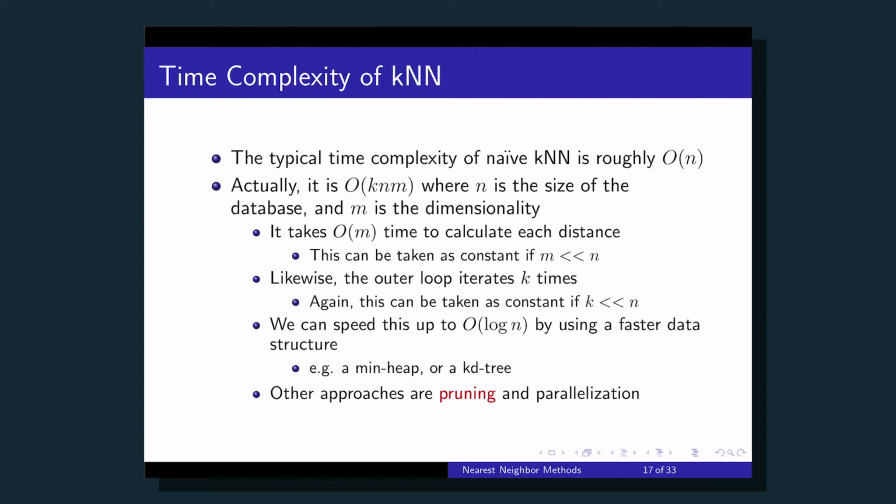Even then, O of n might be too slow if you're trying to do fast classification. What's good is, again, if you've taken the data structures course, you can start by building a tree on all the points in your data set. Obviously, this is not going to be a binary tree, but what's called a k-dimensional tree, which is kind of like a 2-dimensional binary tree or 3-dimensional binary tree, however many dimensions your data set has.